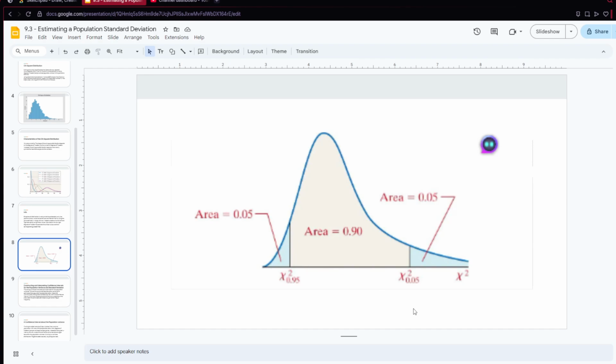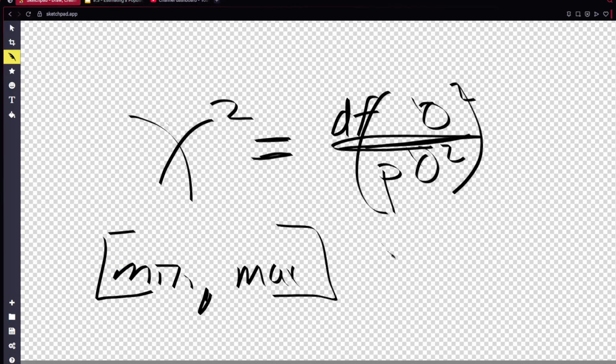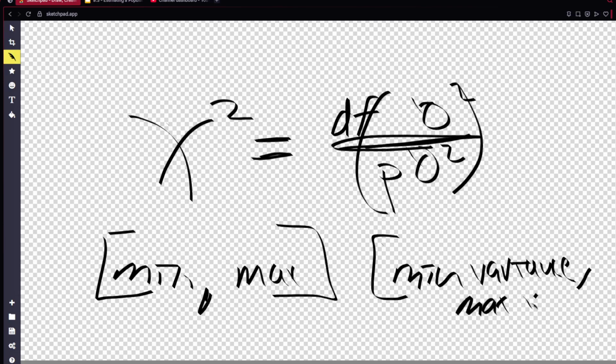Okay, so you just take this variance here, and it'll give you the max variance, or the max chi-squared value, which is just variance. So min variance, comma max variance, with the confidence interval when you look it up in a chart.